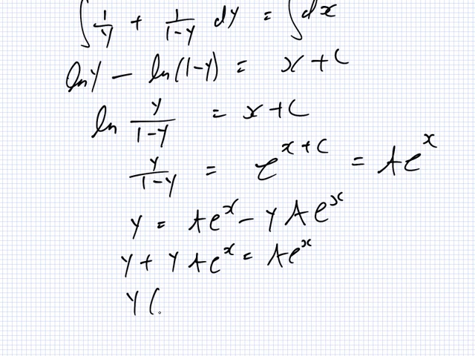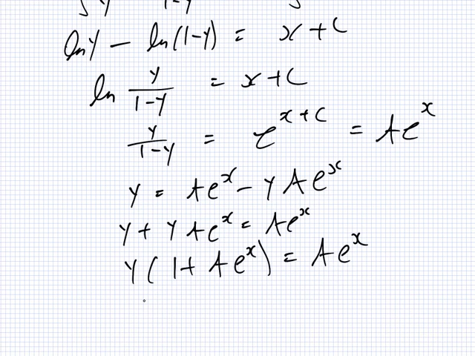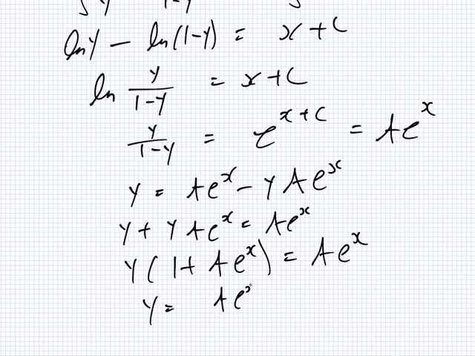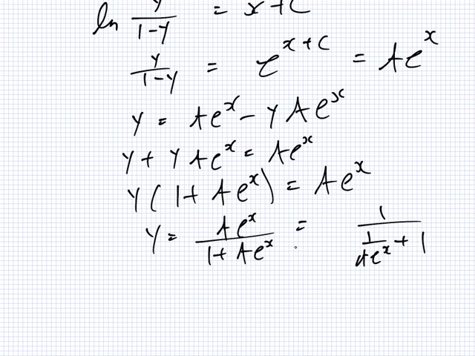Take out the y, 1 plus Ae^x. Divide, y equals Ae^x over 1 plus Ae^x. Divide everything by Ae^x, and I get 1 over Ae^x plus 1. I'll just write 1 over A as B. So I'll get y equals 1 over 1 plus Be^(-x).